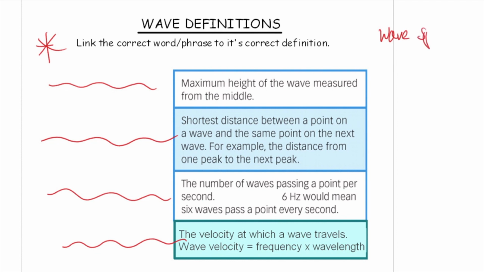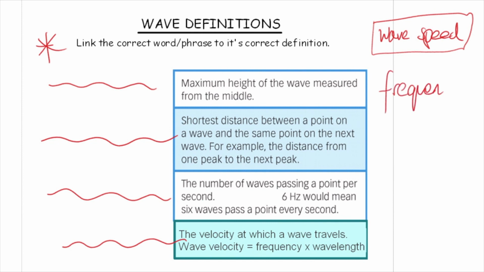These are the 4 words or phrases that you've got to use. Wave speed's one of them. Frequency is another. Amplitude and wavelength.